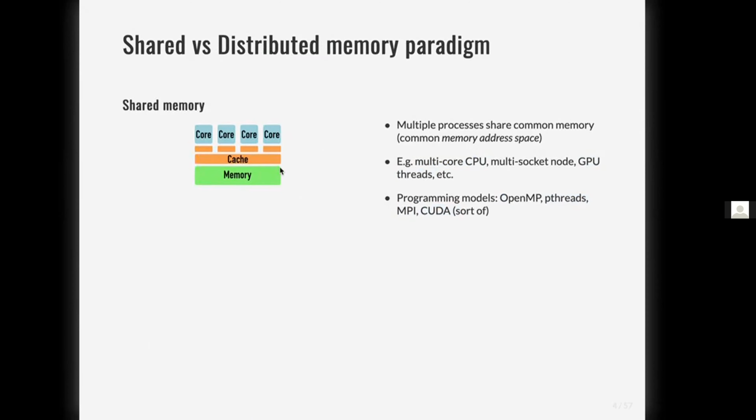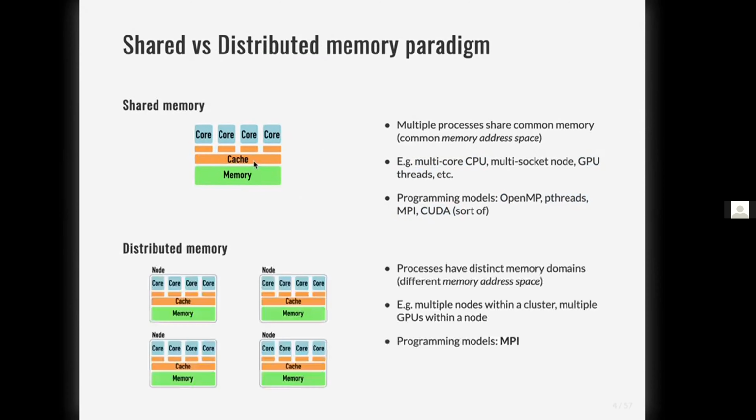Okay, and then if I take this picture now and try to draw what a distributed memory system is, I have to draw multiple nodes. Now you see that each node has distinct memory addresses for these cores and distinct memories.